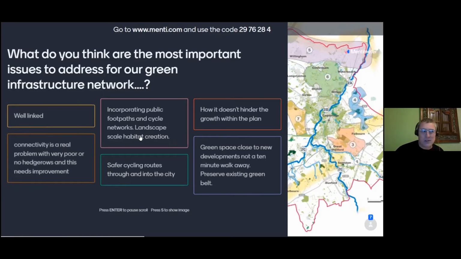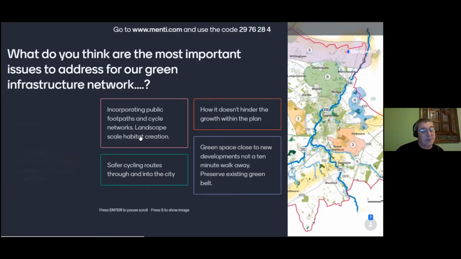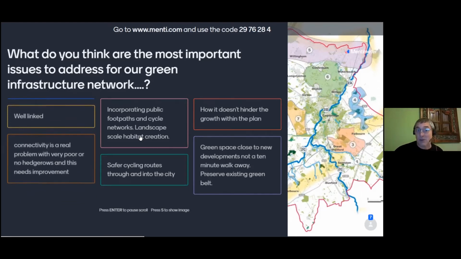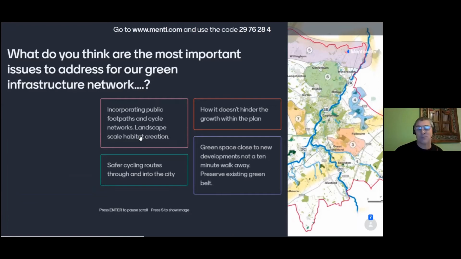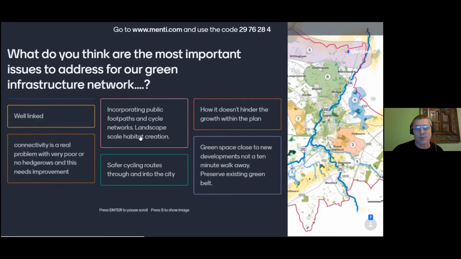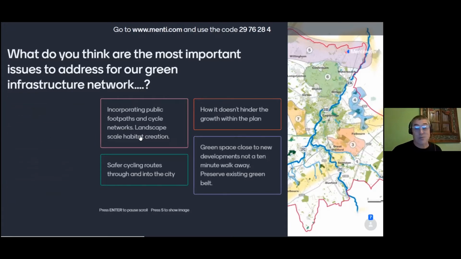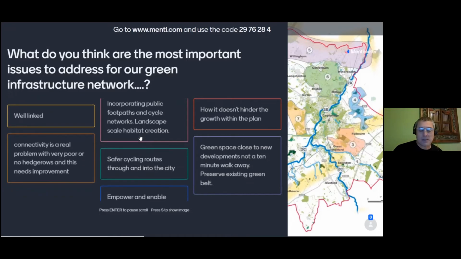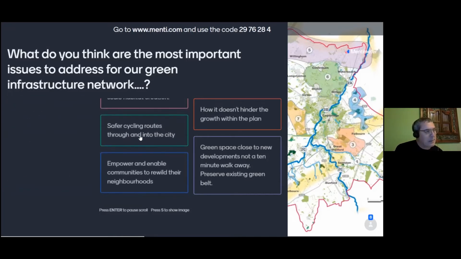If we can link those habitats and the biodiversity with green infrastructure that also serves a multifunctional purpose of getting people from A to B on bicycles or electric scooters or whatever we're promoting, then that's maybe a win-win.